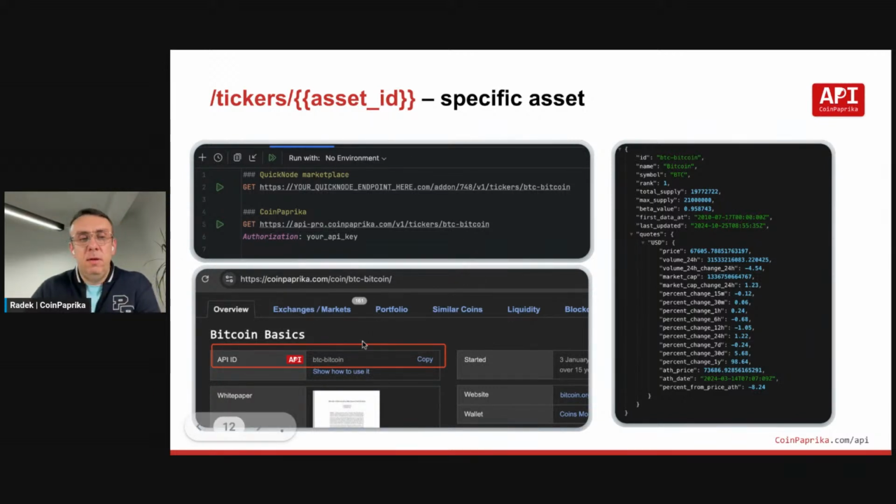The asset ID is presented on our website. Just go to CoinPaprika, try to find your favorite asset, and in the overview section you will find the API ID, which you can then insert here. And as I said before, you will receive the same information as previously.